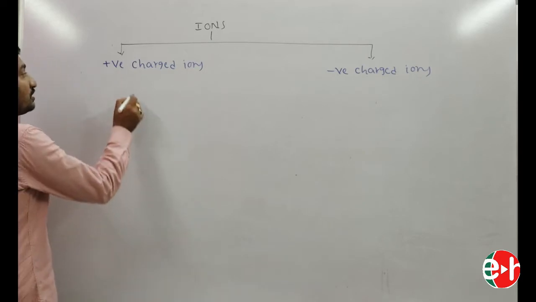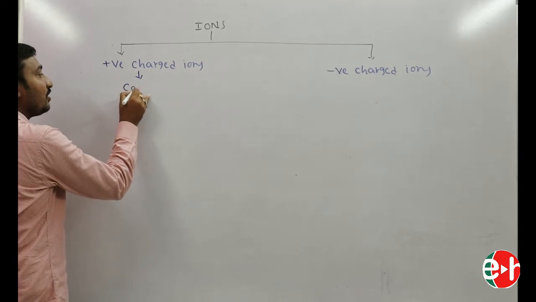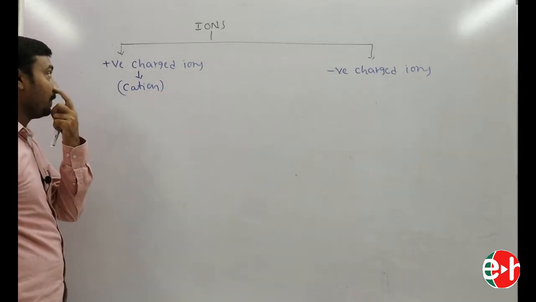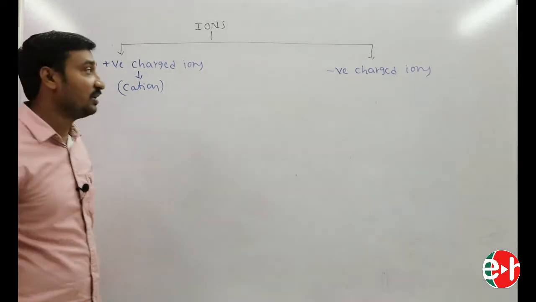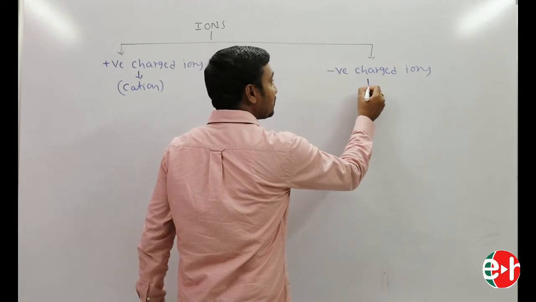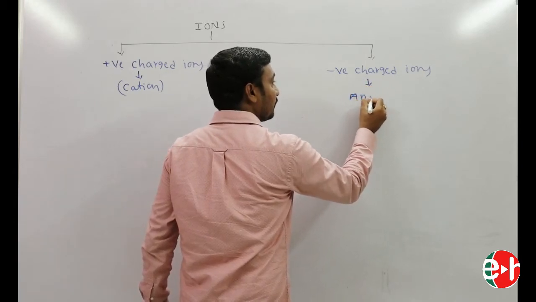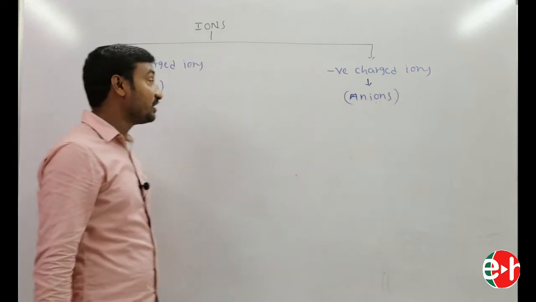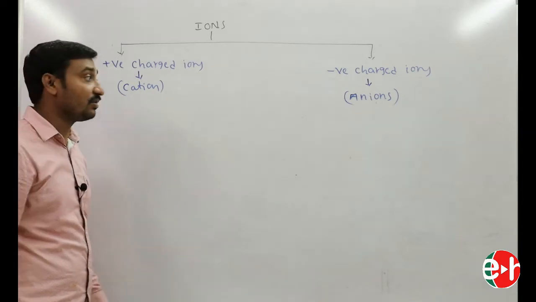We know positively charged ions also called cation. Very important. Positively charged ions are called what? Cation. Negatively charged ions are called as anions. Positively charged ion is known as cation.